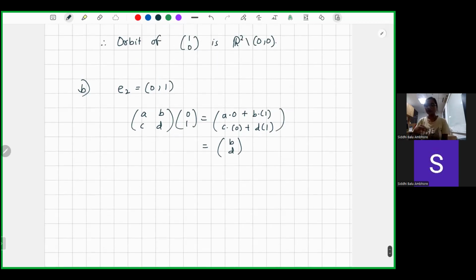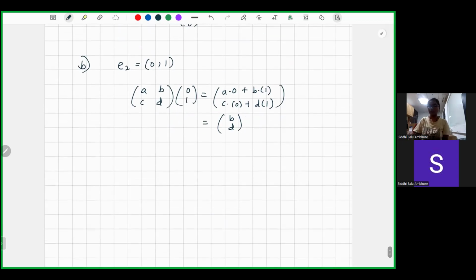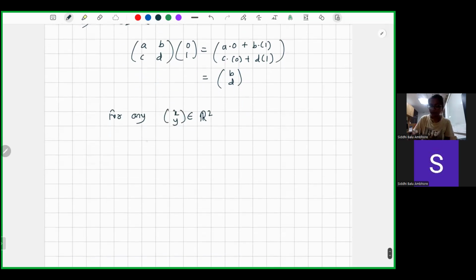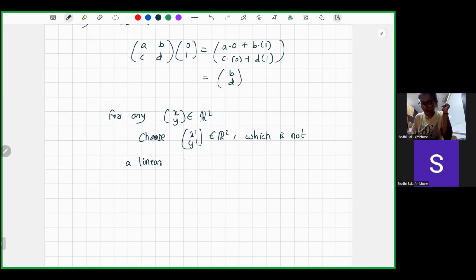So again, in this case, it will be the whole R2, because for any xy in R2, we can choose x dash y dash in R2 which is not a linear combination of xy, and the determinant of this matrix will be non-zero.